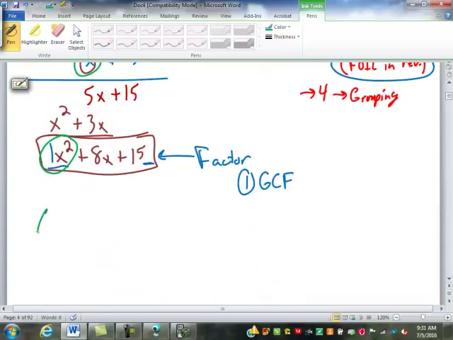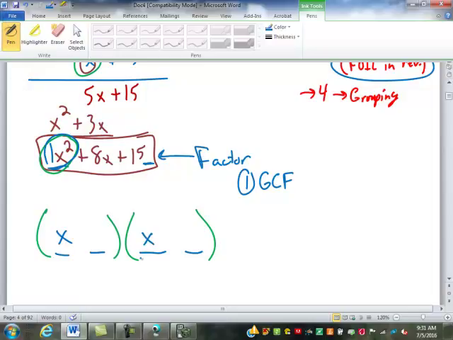So if I'm trying to reverse the multiplication here, I'm going to assume that this splits up into two two-digit numbers that are multiplied together. And the x squared comes from these first 2 digits being multiplied together. So to get x squared, that would be x times x. Does that make sense?